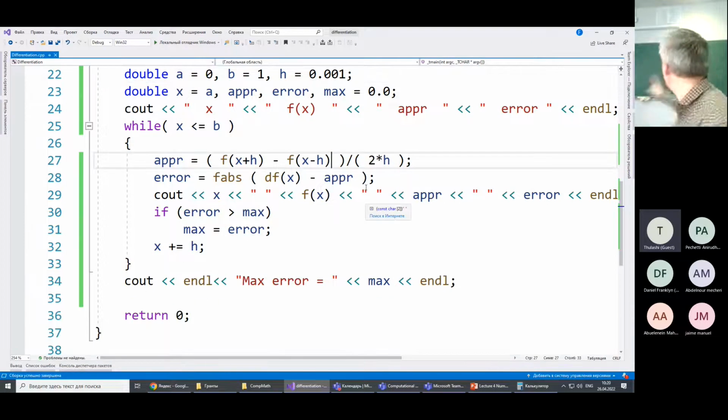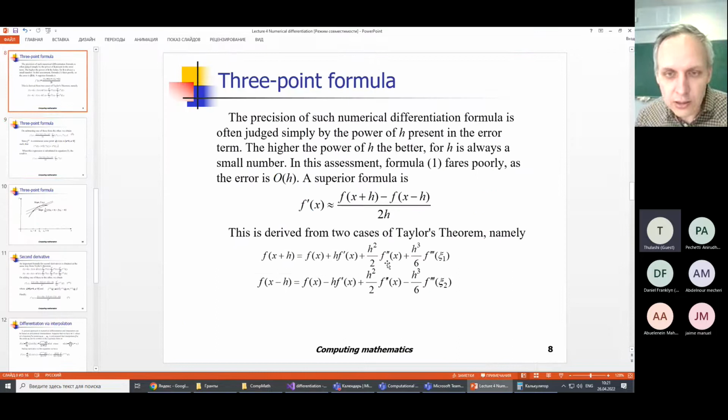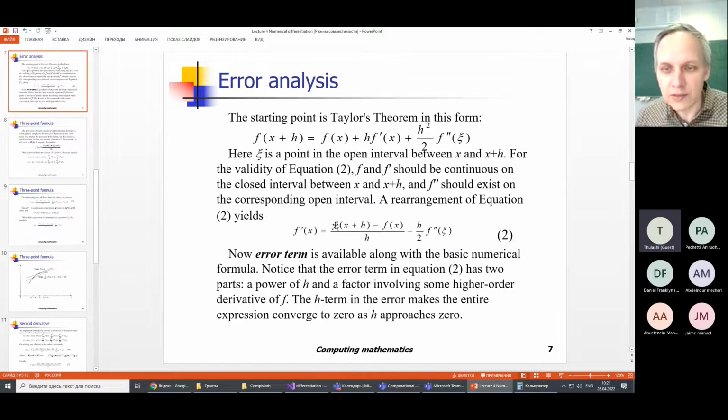Okay, let's use the first formula: f of x plus h minus f of x over h. I just corrected it. Yes, the first formula. If we consider the error term for this formula, the error term includes h to the power 1.